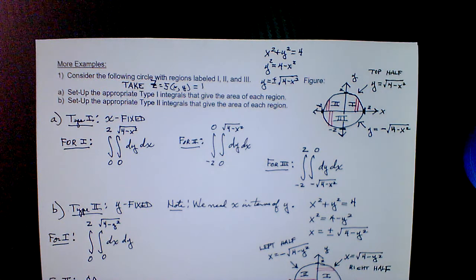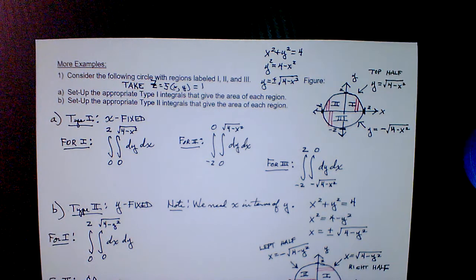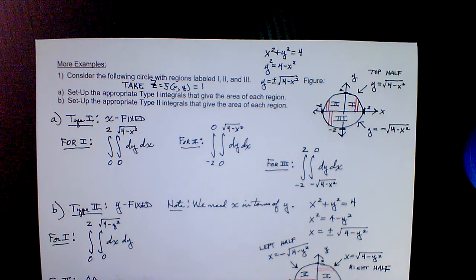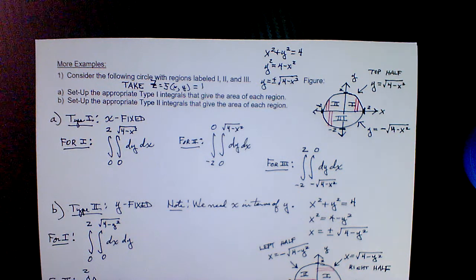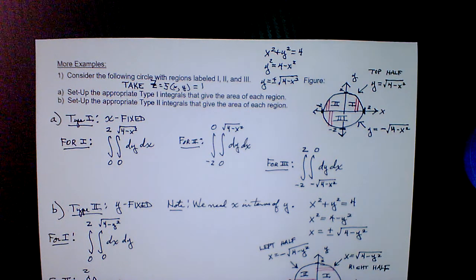The y's are still going to go from 0 to 2, but now we have the left half of the function, which is the negative square root of 4 minus y squared to the y-axis, which is 0.